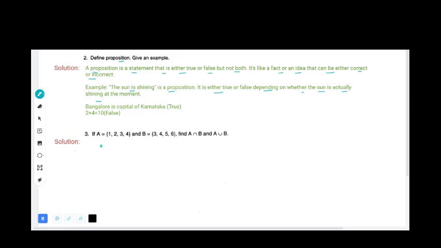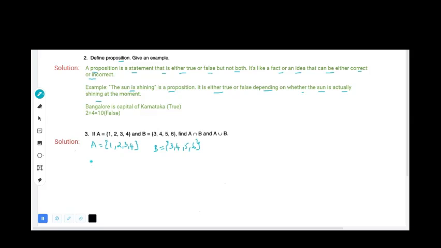The third question is: if A is 1, 2, 3, 4 and B is 3, 4, 5, 6, find A intersection B and A union B. Now, A is given as 1, 2, 3, 4 and B is given as 3, 4, 5, 6.